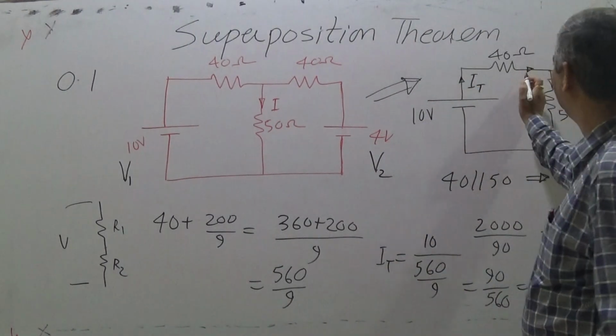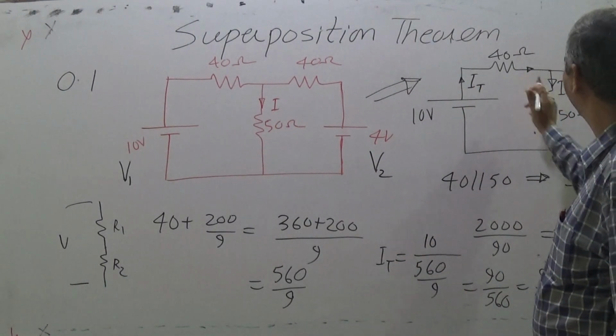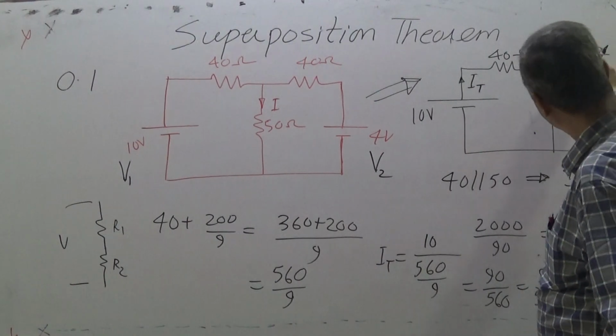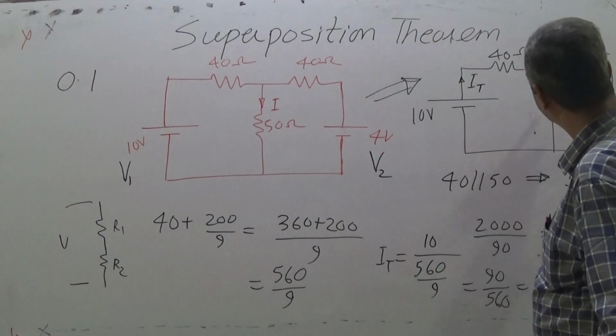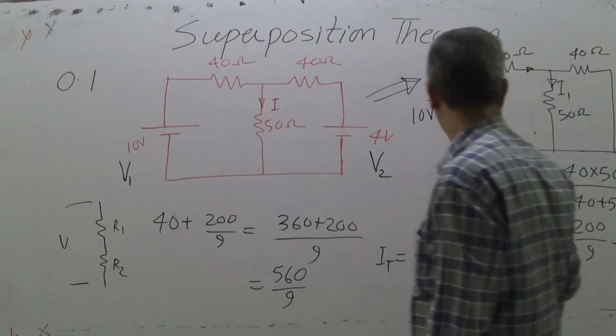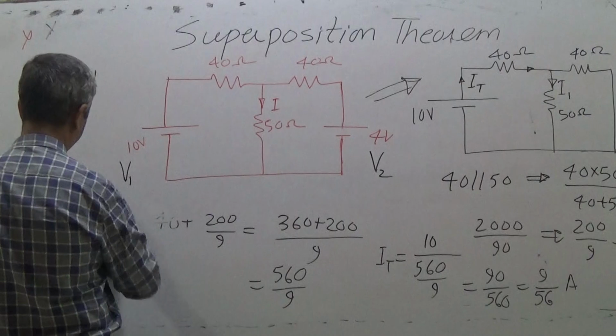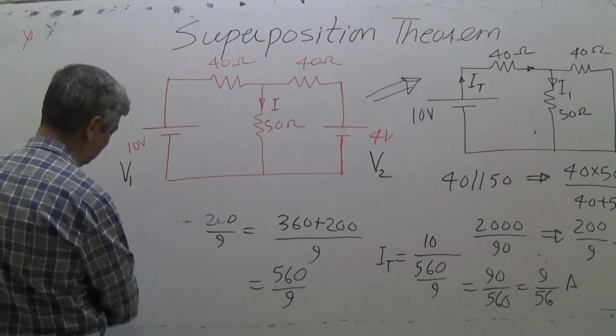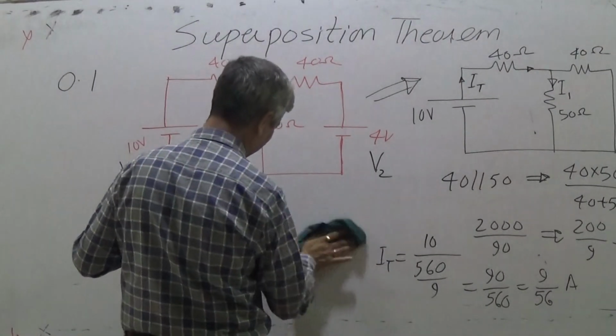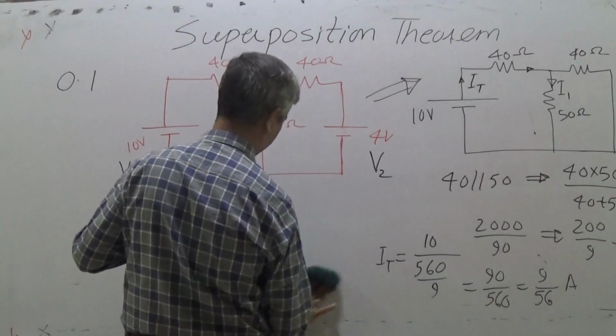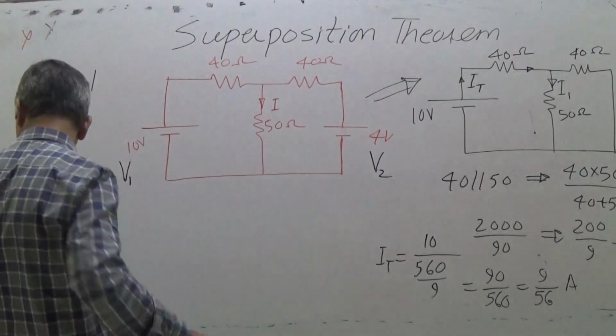If the total current is IT, then current through this is equal to this upon this plus this into IT. So I1 would be, I think nobody should complain that it is a fast rate, because it is very simple. High school level content, we are at an engineering college.